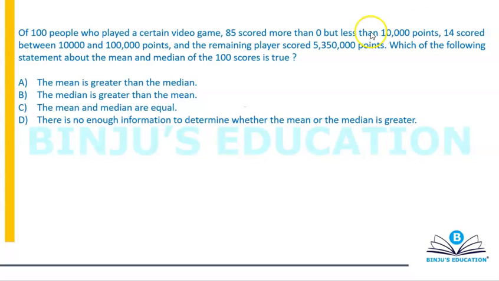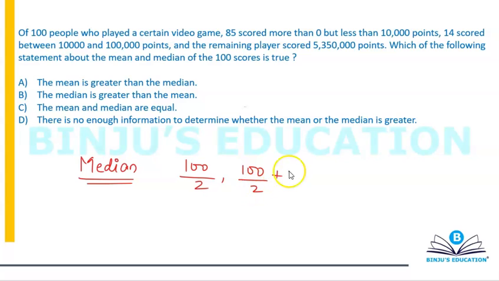Okay, now median is the easiest to calculate. The median for 100 terms is nothing but the 100 by 2 and 100 by 2 plus 1 terms, which is basically the 50th and the 51st term. If I arrange these numbers in ascending order, there are 85 students who scored more than 0 but less than 10,000.